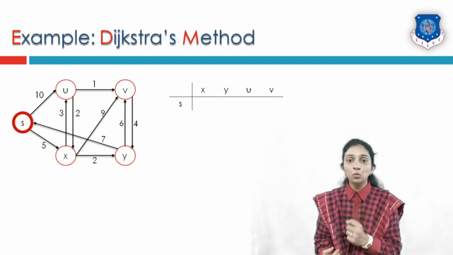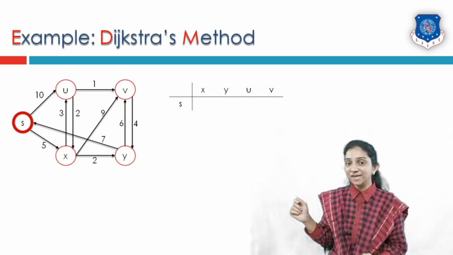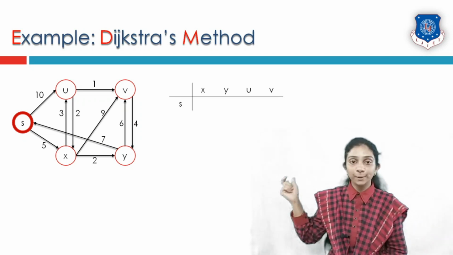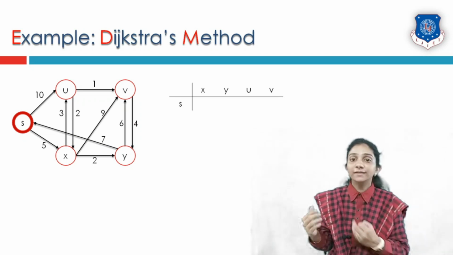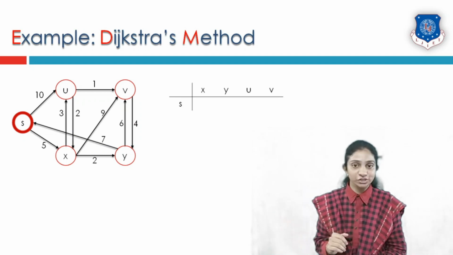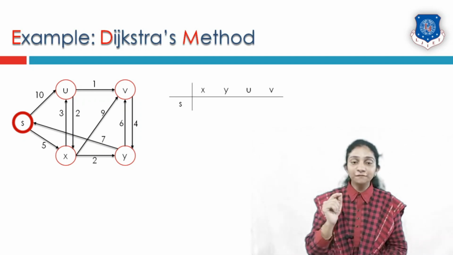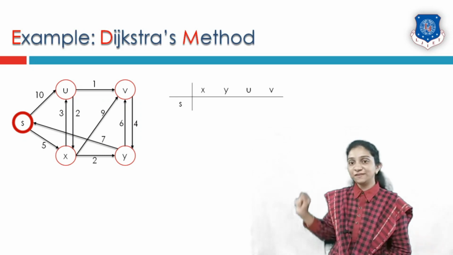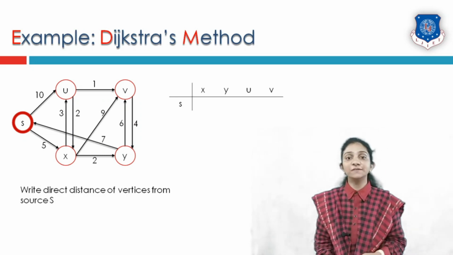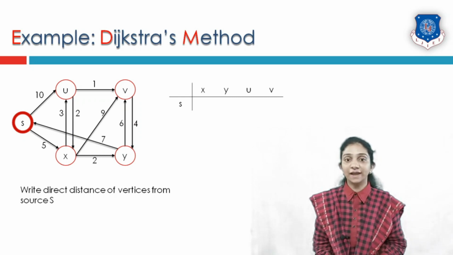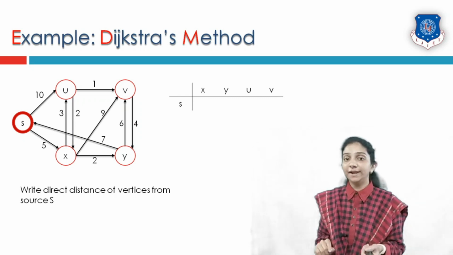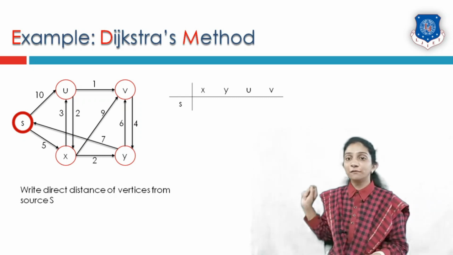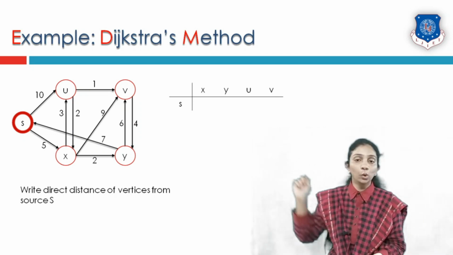From S to Y, as you can see, there is no direct edge, so we put an infinity sign at that location. So we have to write down the direct distance from the row vertex to the column vertex.